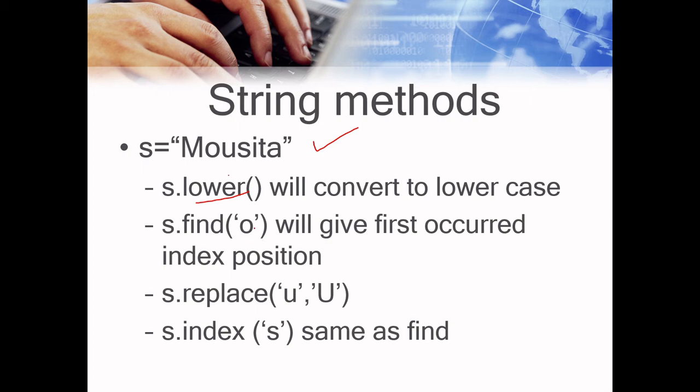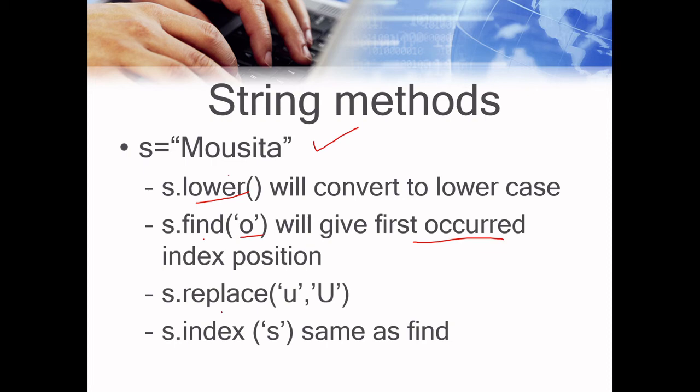So s dot find, suppose o is given here, will give the first occurred index position. Find will give you the index position for o. And why is it called first occurred? Because suppose o is occurring 2 times in the string, then find will give you only the first occurrence index position.